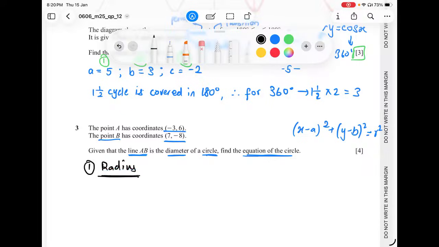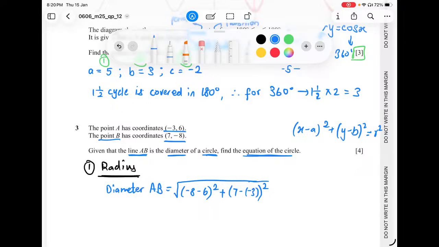So first let's find the diameter. The diameter, as they told, is AB, which is going to be equal to the square root of -8 minus 6, and then 7 minus -3, that is 7 plus 3.